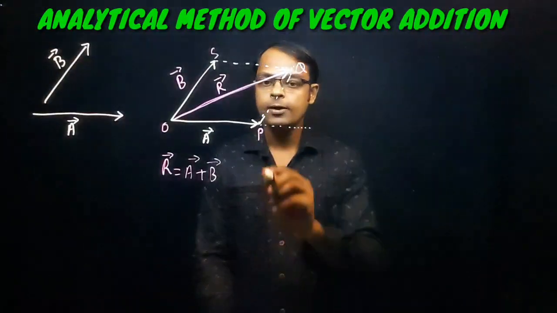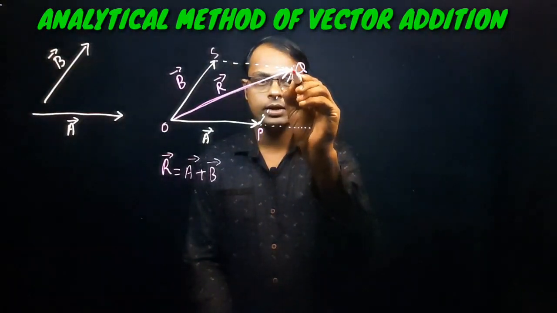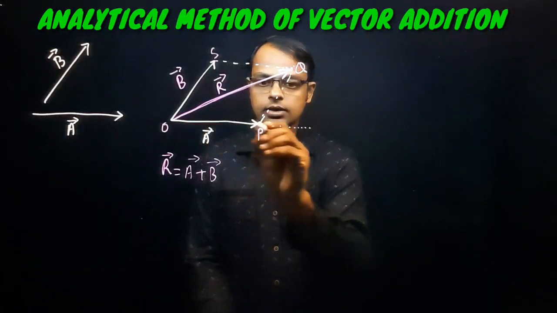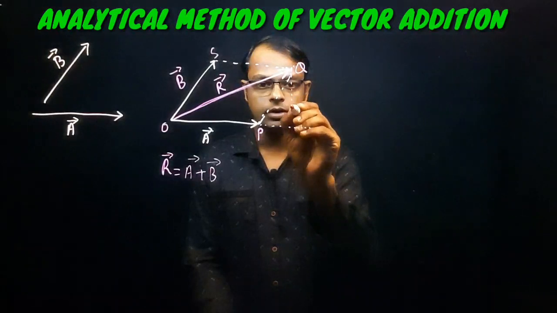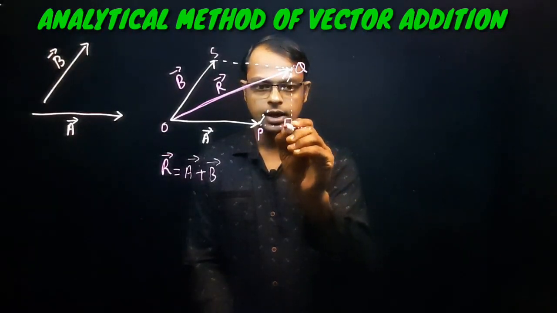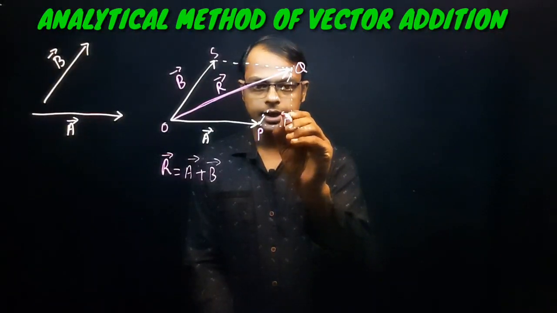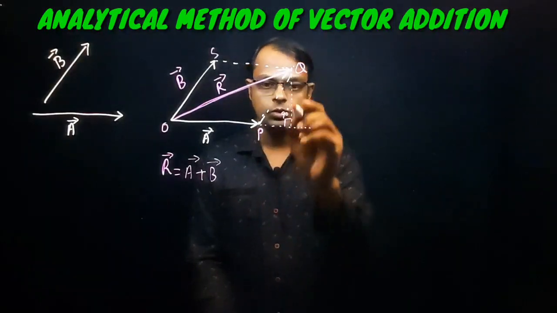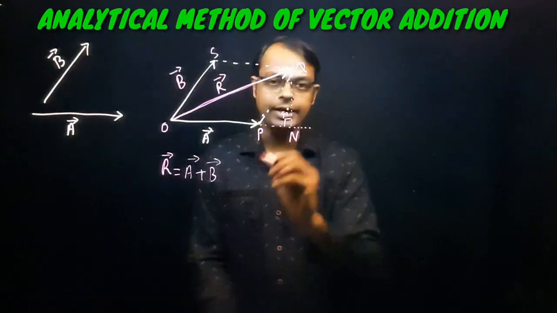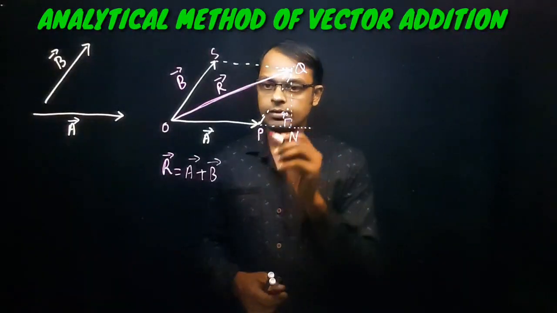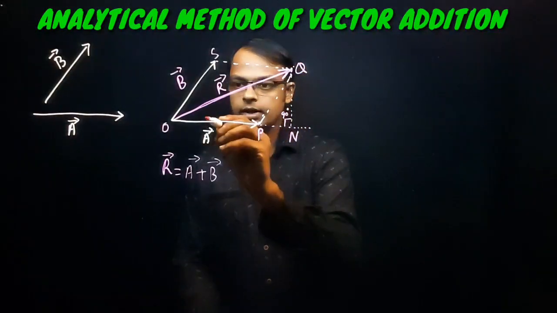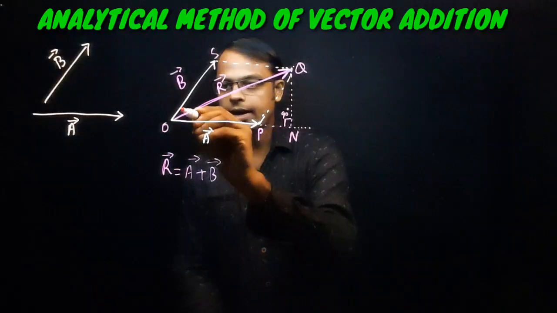Now draw a perpendicular from Q to the extended line OP. Here we are drawing a perpendicular, so this is the angle 90 degrees. Here you can give the name N.